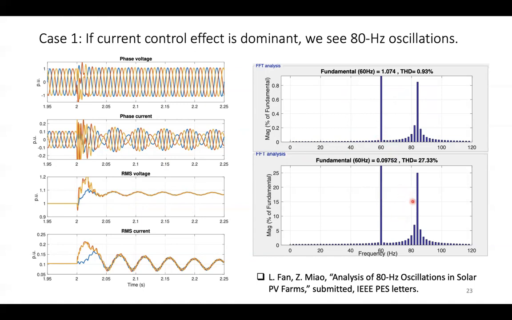Anyhow, this is mainly dominant, this is 80 Hertz. In fact it's 82 Hertz, but the dominant is 80 Hertz, with nothing left aside. So this 80 Hertz is then reflected in the RMS value, where you see 20 Hertz. That's why we call it 80 Hertz, because it is mainly the static frame interaction.